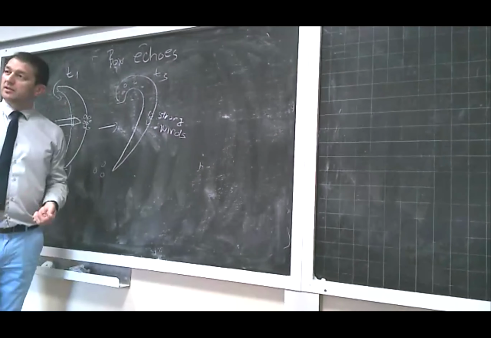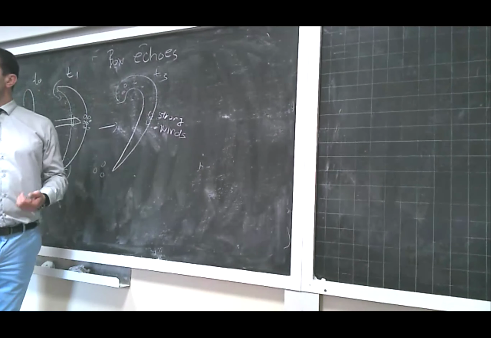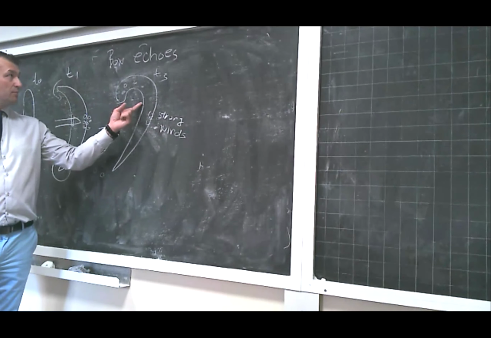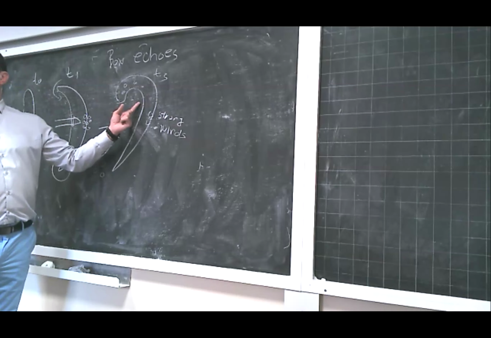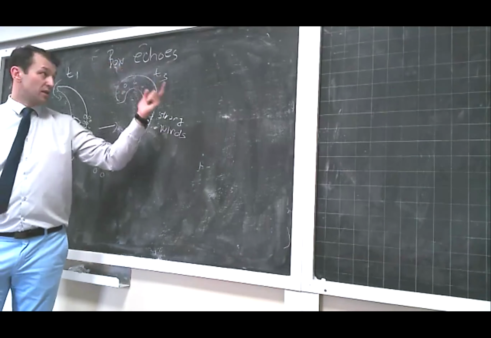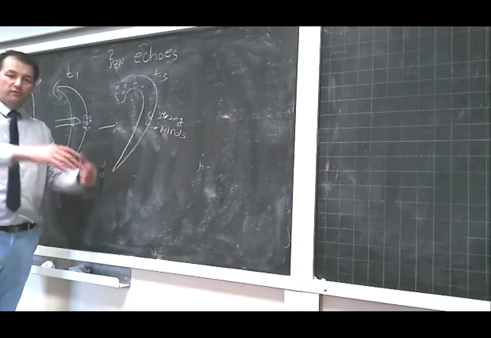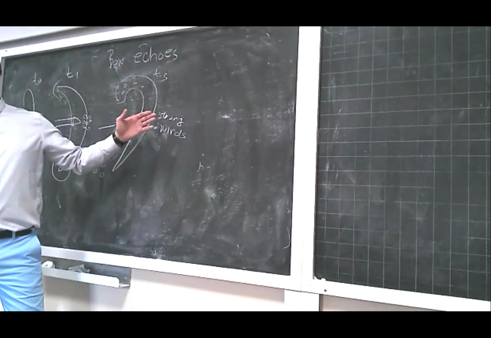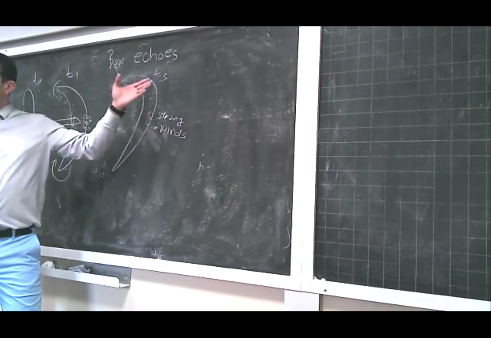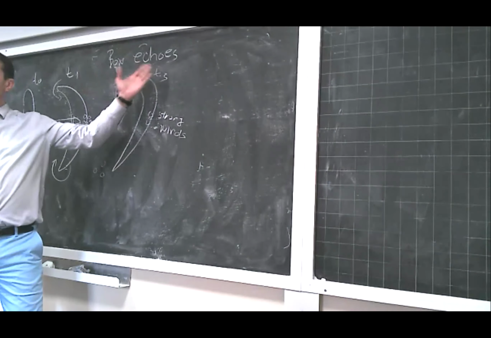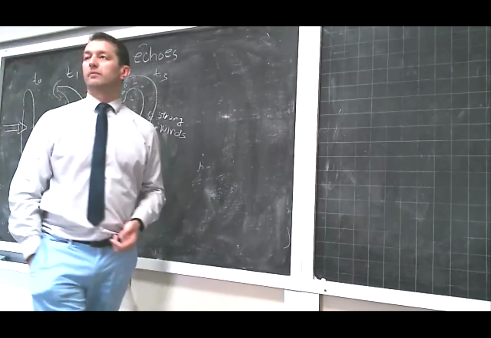And lastly, one sentence, maybe you heard of derechos. Derechos are bow echoes that are exceptionally strong. There is some technical classification that I forgot: if damage over 100 square kilometers is such and such, and it lasts more than 3 hours. So if you read derecho, which is a Spanish word for something, derecho is a bow echo that satisfies some technical requirement.